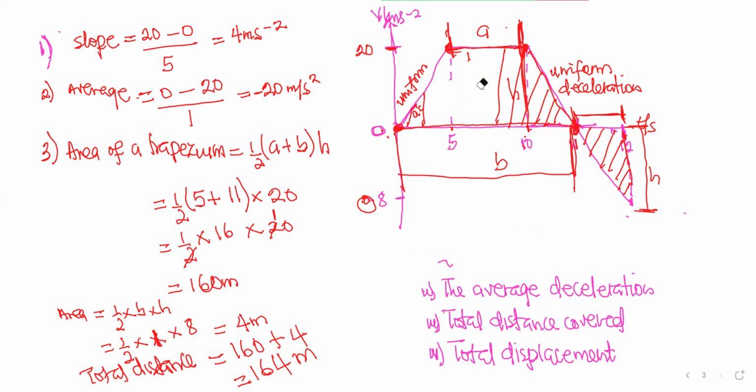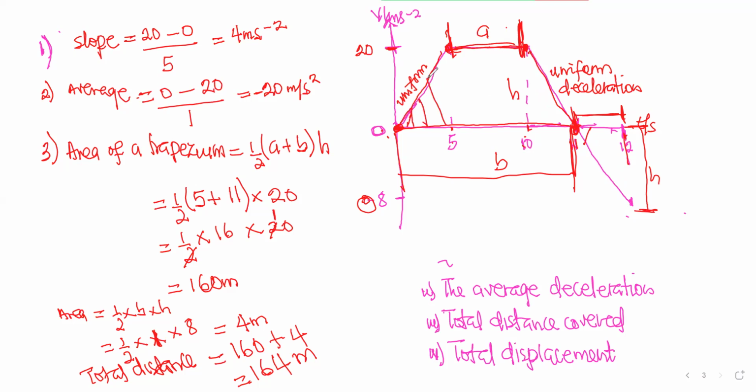That's why I've shaded the graph. Originally, this is the graph. So if I want the area under the graph, it is all the area below these straight lines, this and that.